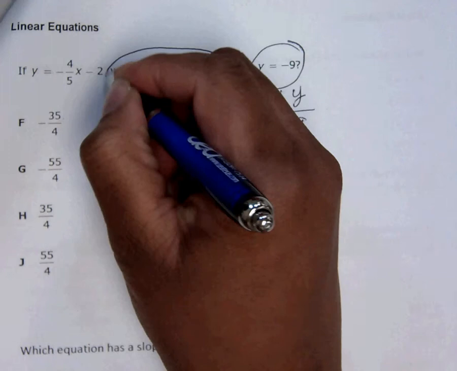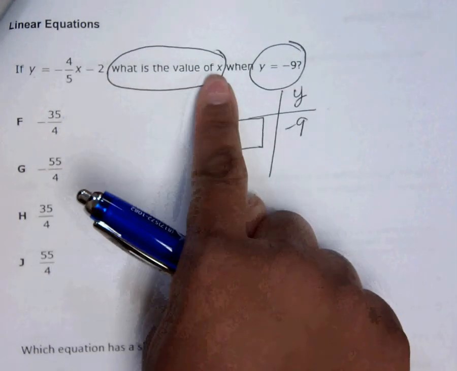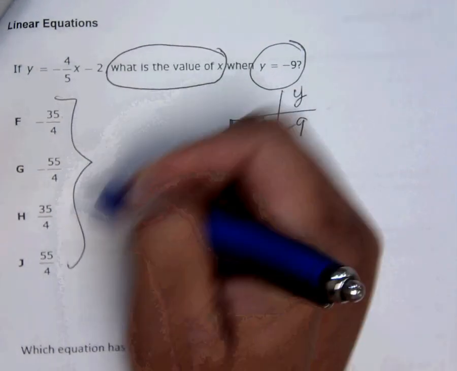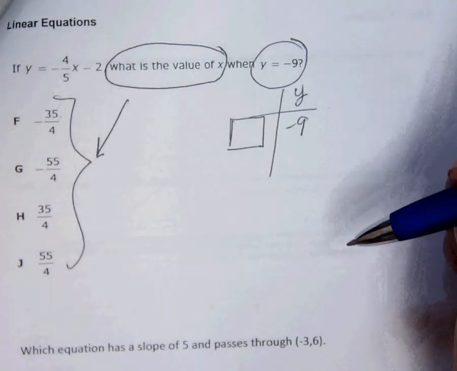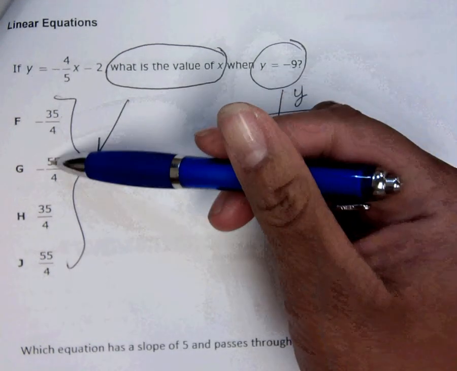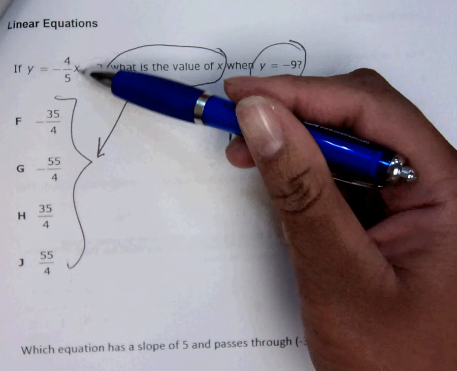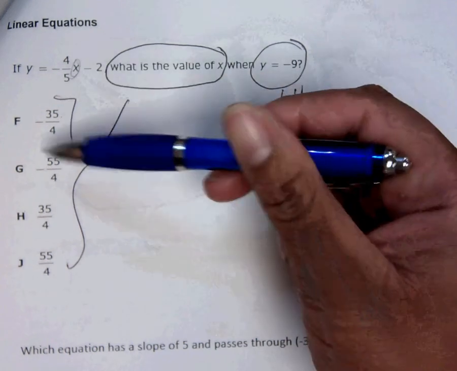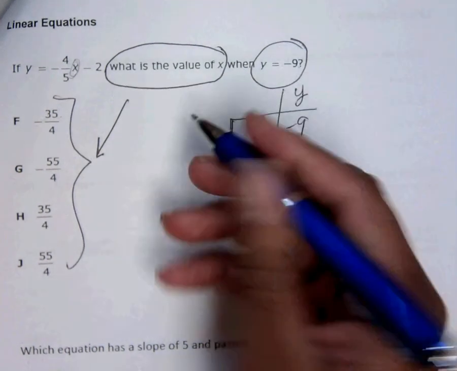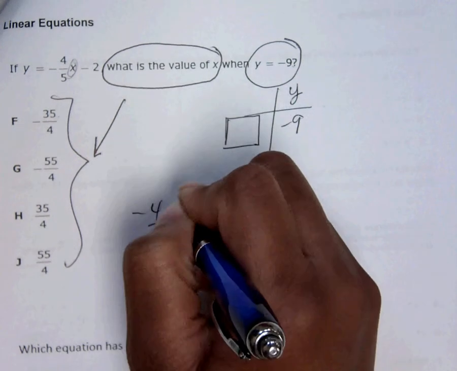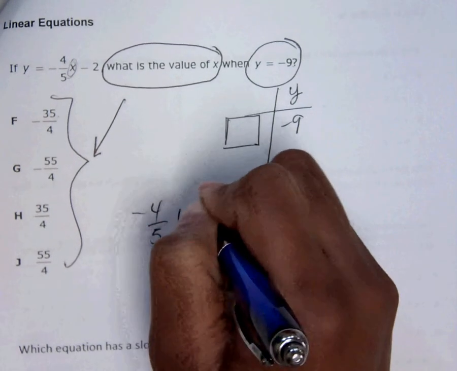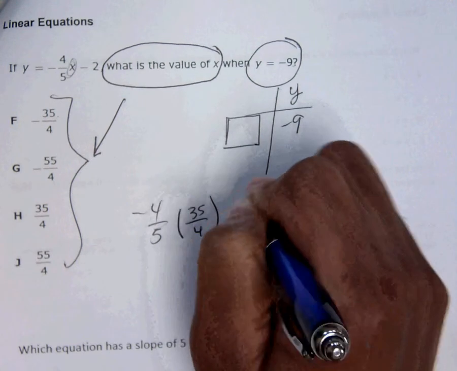So I suggest you take this, what is the value of x, and realize these are x values. So plug these x values into the x spot to see when it will give you -9. So -4 parentheses open, and then put in what you think the answer is, -2.